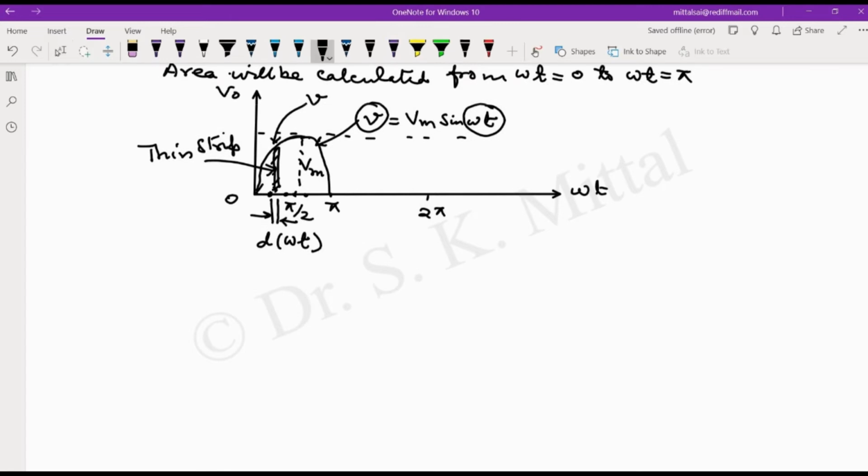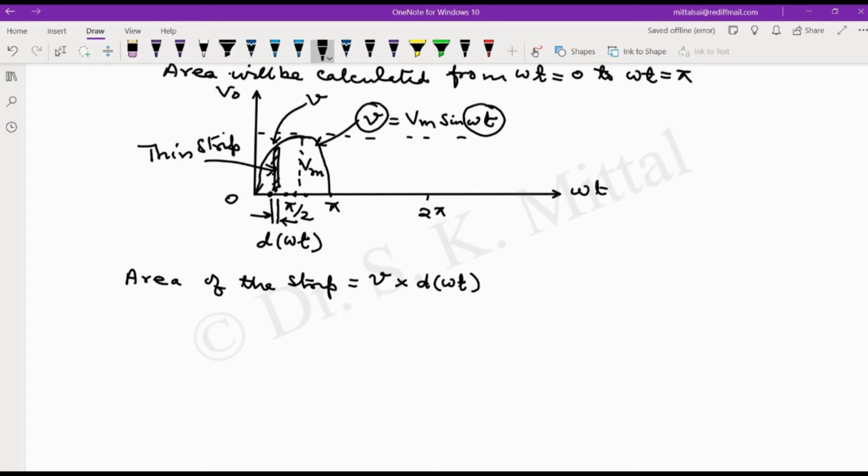So the area of the strip is equal to the height of the strip, which is v for every omega t, multiplied by the thickness of the strip.